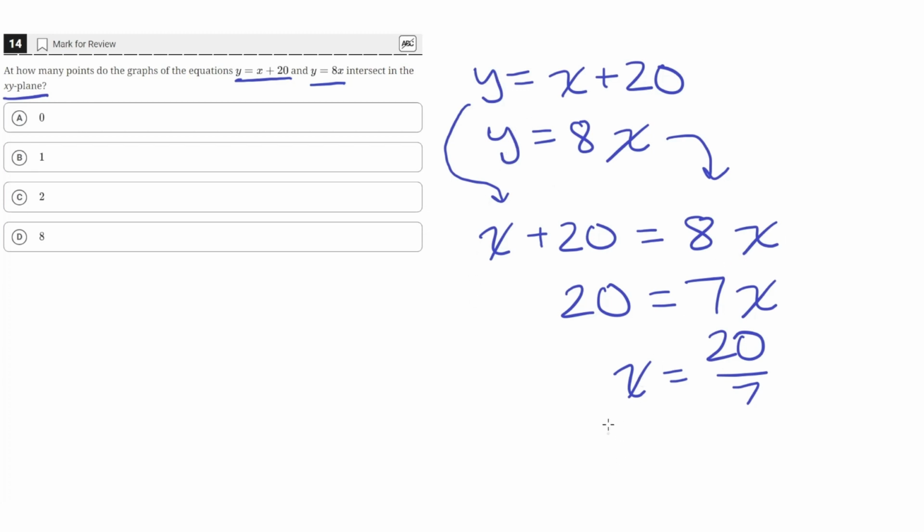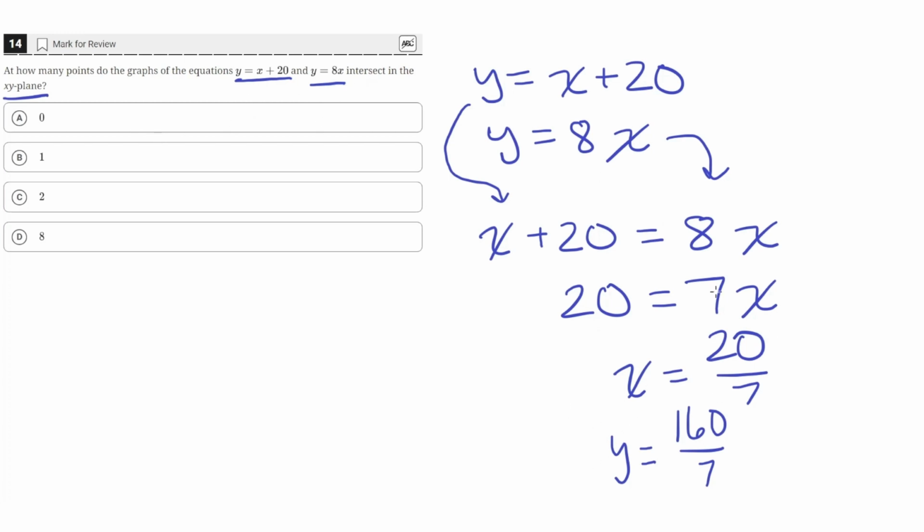And if we plug x equals 20 over 7 into this equation, we would just get 160 over 7. So at x equals 20 over 7 and y equals 160 over 7, the two equations intersect.